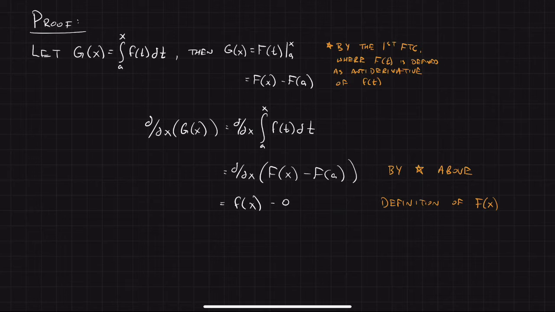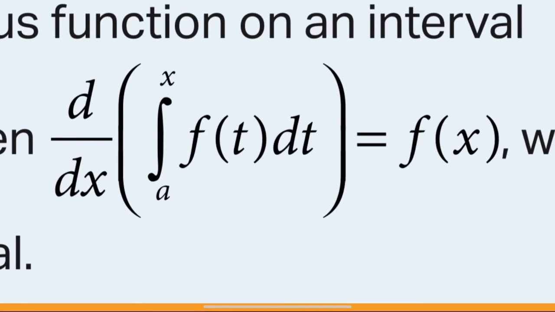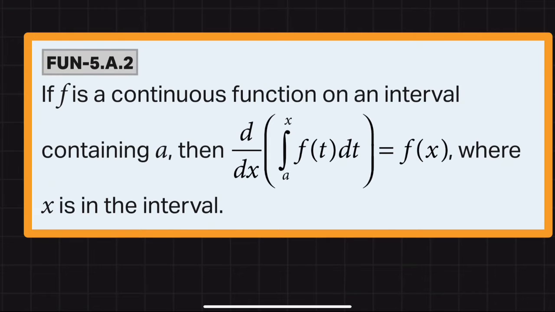And then the derivative of capital F of a, which is just a constant, would be 0. That means that the derivative of capital G of x is just equal to little f of x. So there you go. We started with the left half of this equality, and we showed that this is equal to the right half of the equality. Therefore, we have proved the second fundamental theorem of calculus.